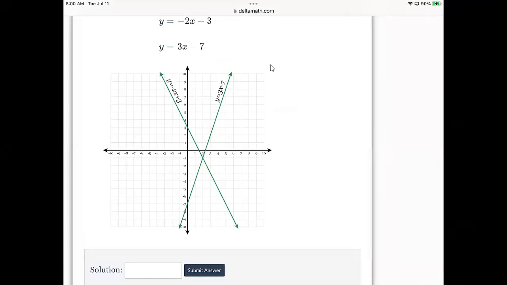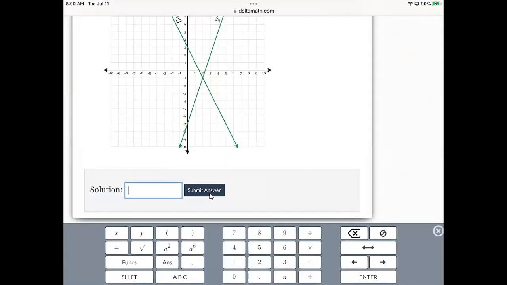So all you have to do is see where they intersect. In this case, the coordinate would be (2, -1), but all we want is the x coordinate. So down here, we're going to say x equals 2.